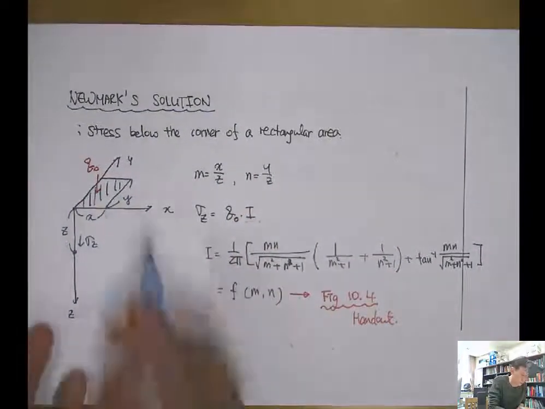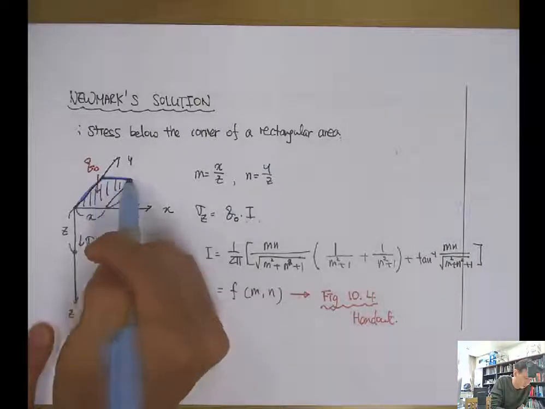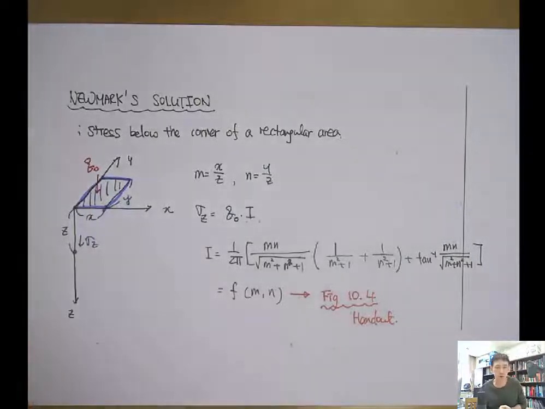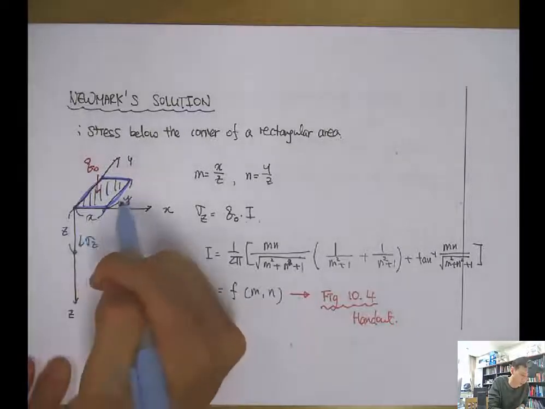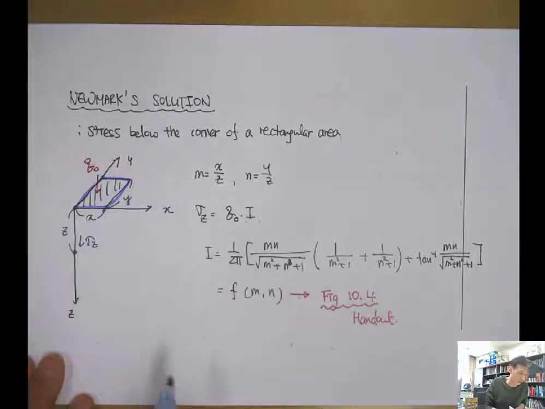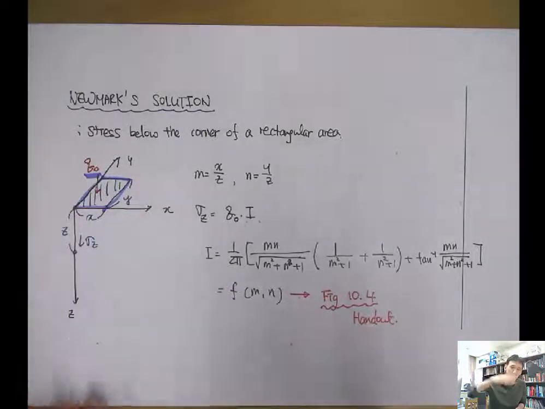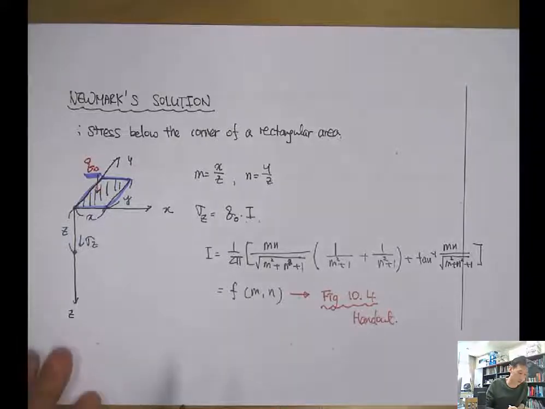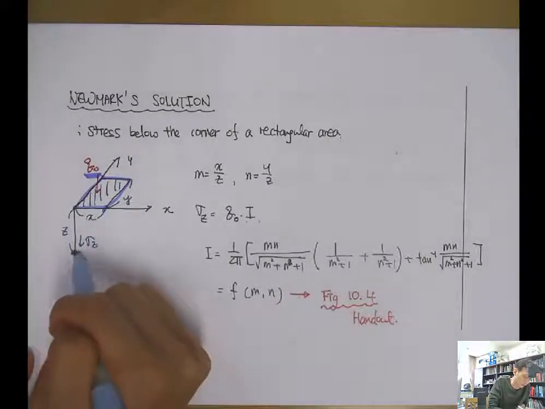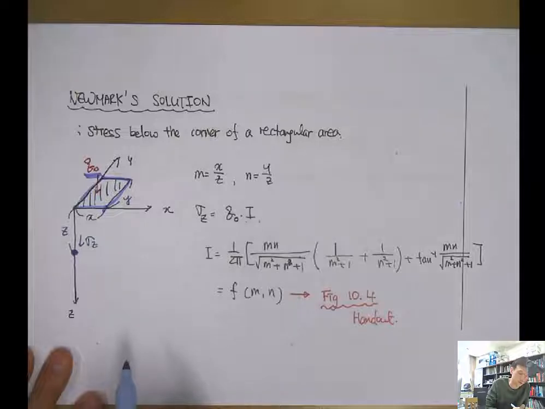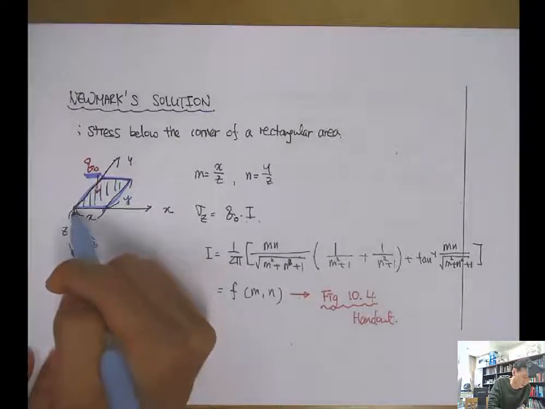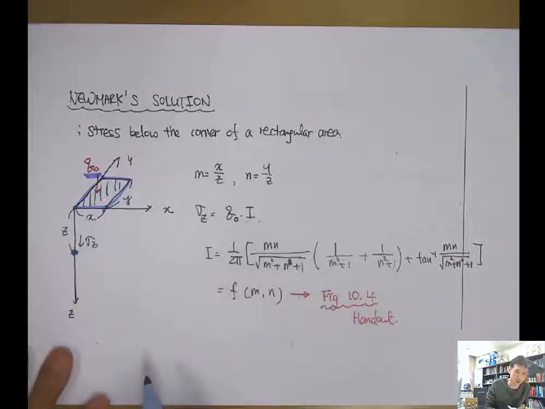So here, if you know the loaded area, the geometry of the loaded area, which has the width of X and the length of Y, and then if you know the Q, which is the stress applied on this loaded area, then you can identify the stress increase below the corner of a rectangular area.